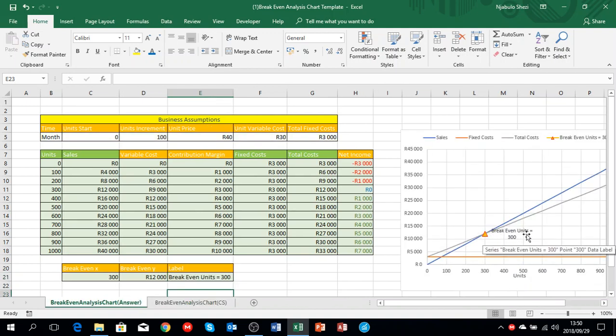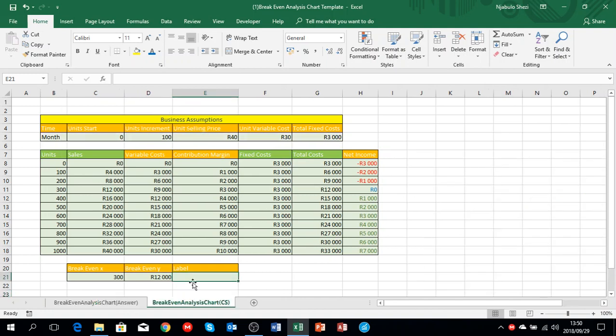Our break-even units is equal to. So this is a text formula, guys. It goes equals, double inverted commas, break even units, space equals, space, double inverted commas, C21.